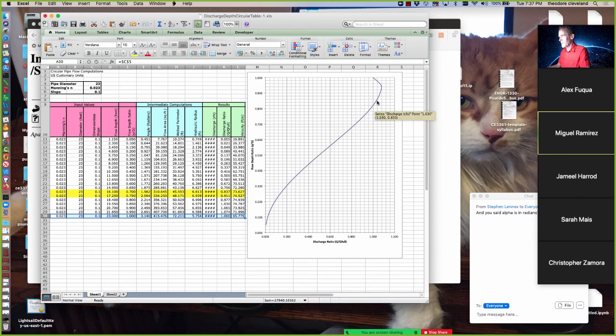And we see an interesting thing here that actually the highest discharge occurs at about 95% full, and then it goes back to the one-to-one match.